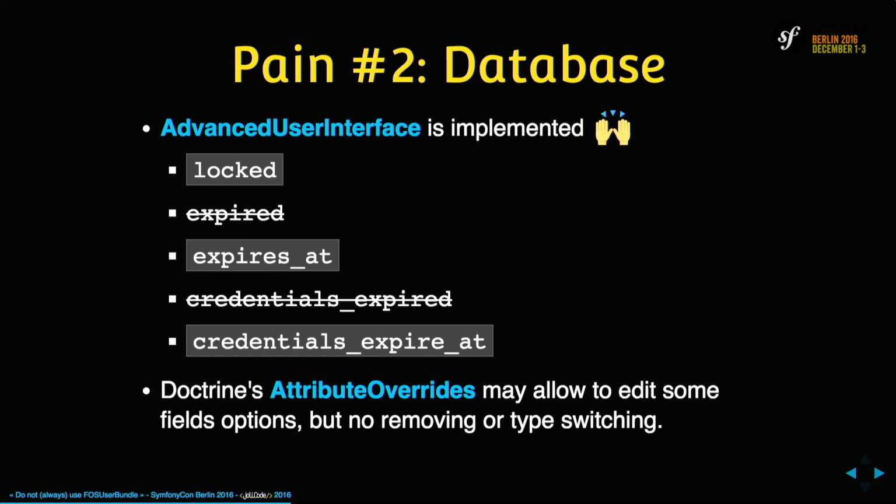I think it should be optional because I never had to use expiring credentials on my project, but it's by default in the bundle. The two fields I struck out have been removed from the new beta release of 2.0.